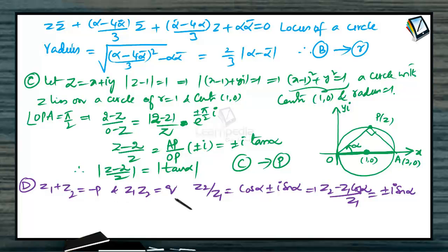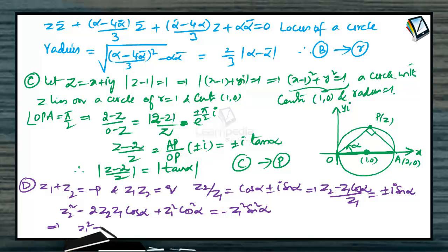Hence here if I find out the square, then I'll get z2 square minus 2 into z2 z1 into cos alpha plus z1 square into cos square alpha, which is equal to minus z1 square into sin square alpha. Thereby we can write it as z1 square plus z2 square minus 2 into z1 z2 into cos alpha is equal to 0.